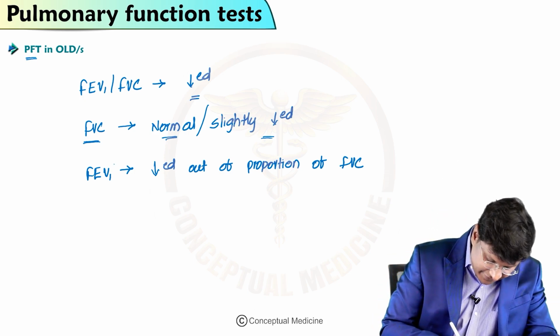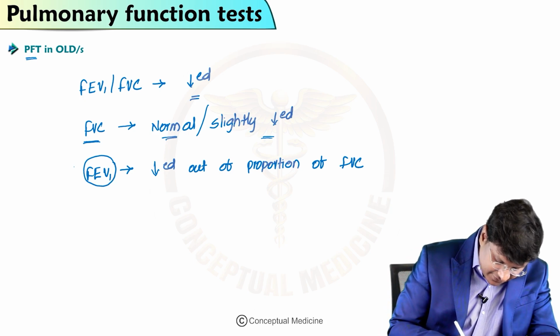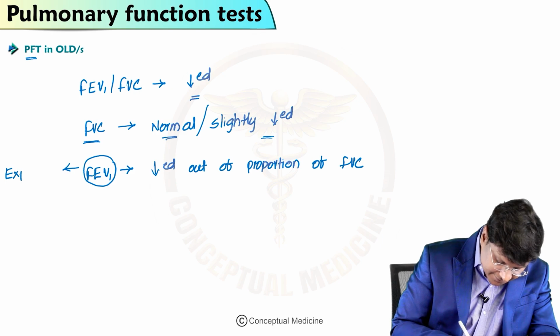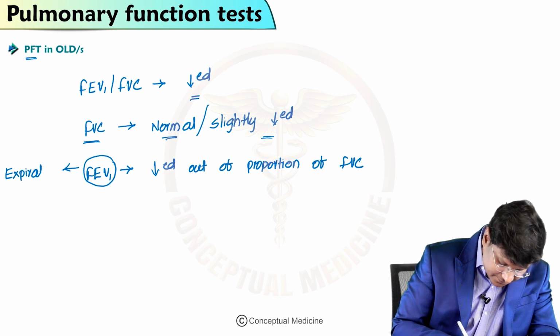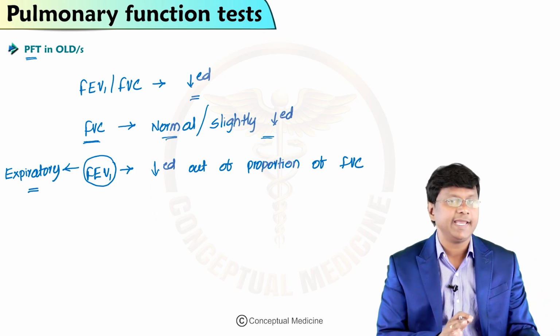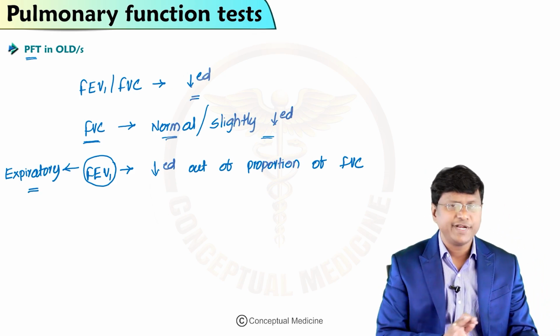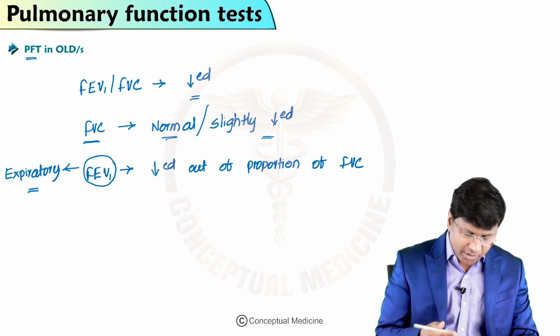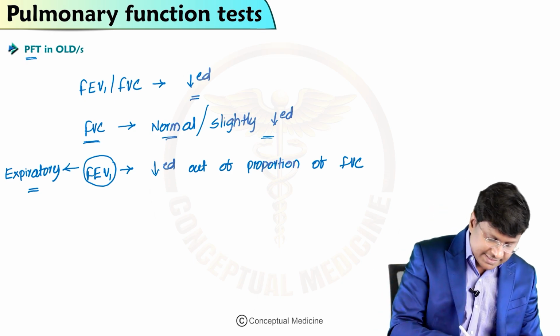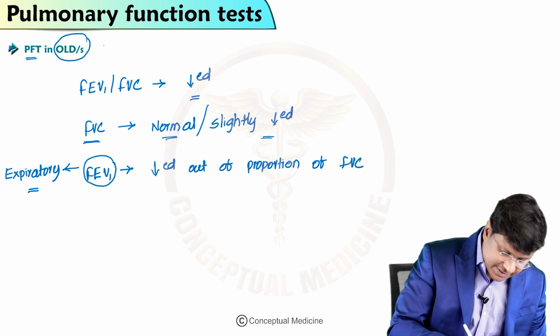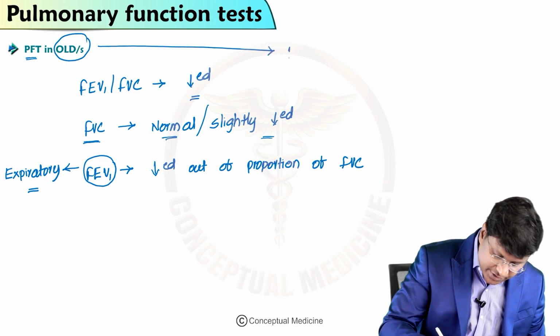So you take FEV₁. In this FEV₁, you have only the expiratory component. Inspiratory component is not there. And what have we discussed in obstructive lung diseases? In obstructive lung diseases, the expiration is reduced.